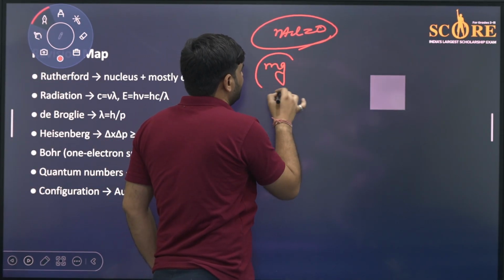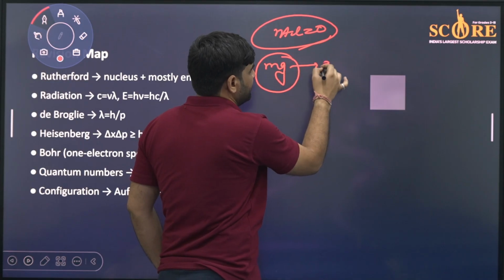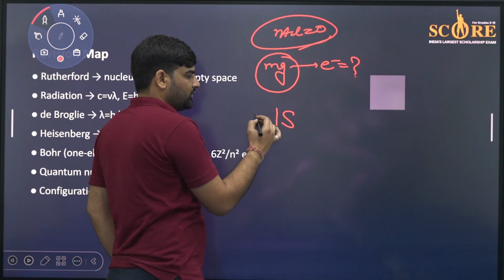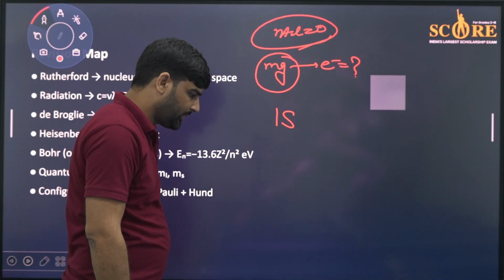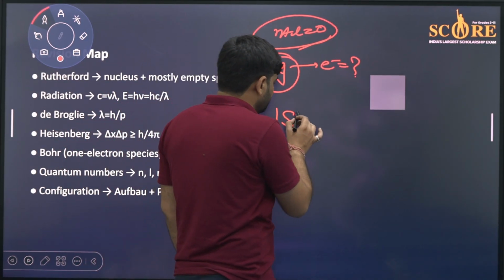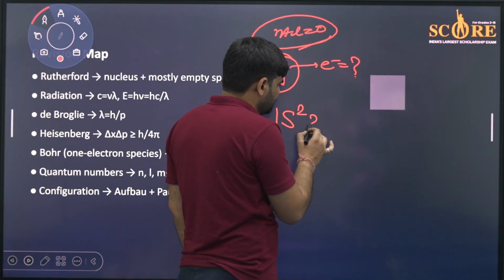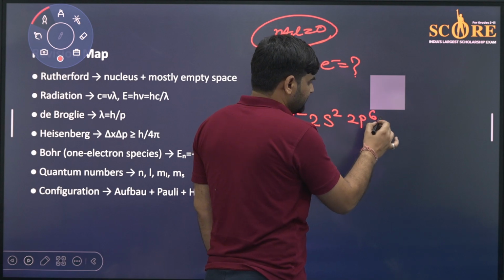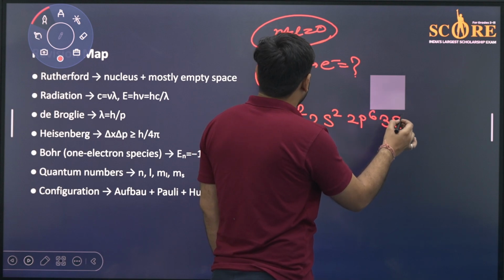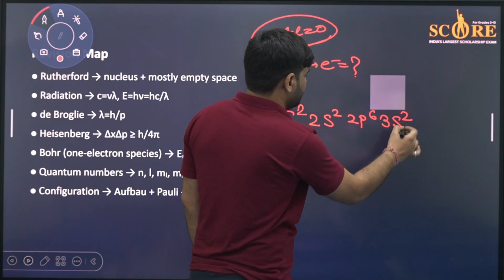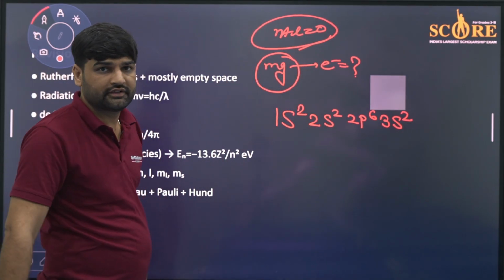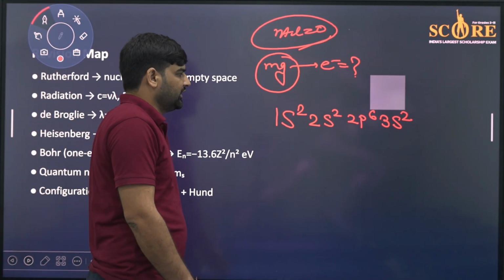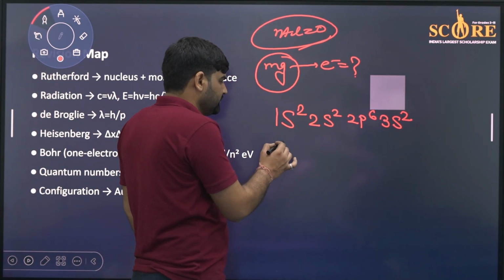For that also you have to write the electronic configuration 1s2, 2s2, 2p6, 3s2. This is the magnesium configuration. Now check n plus L equals 0.